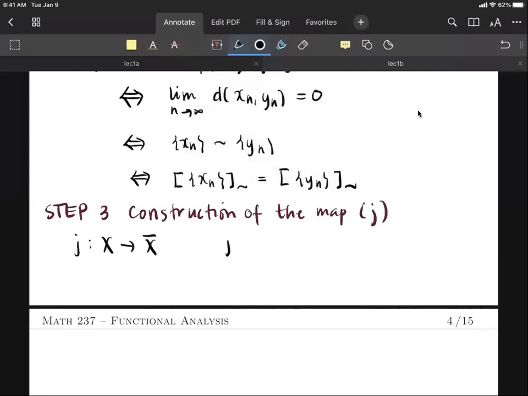J of x is the equivalence class determined by the constant sequence, where this x is in the domain capital X. So in other words, x sub n is equal to x for any positive integer n.